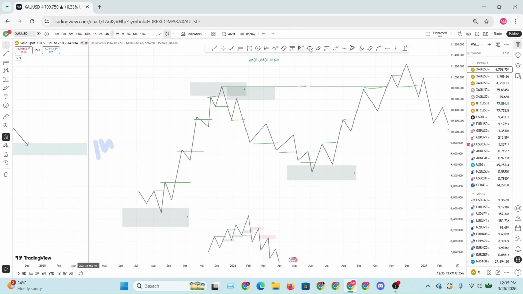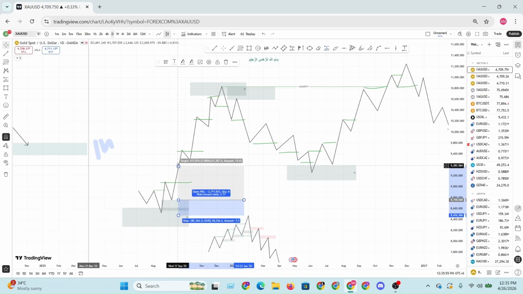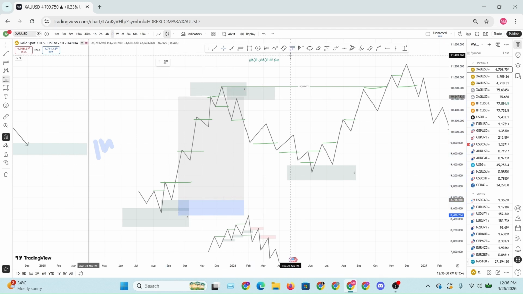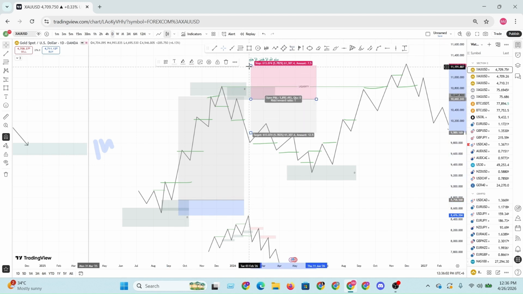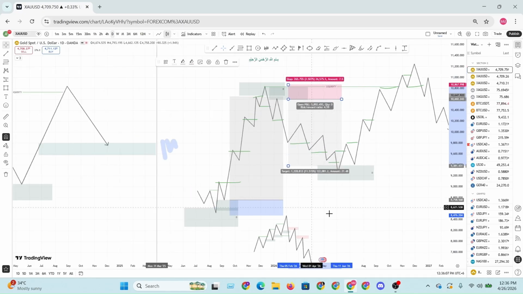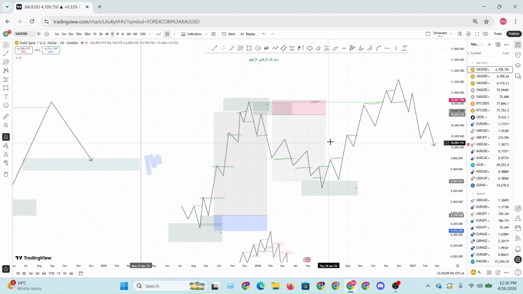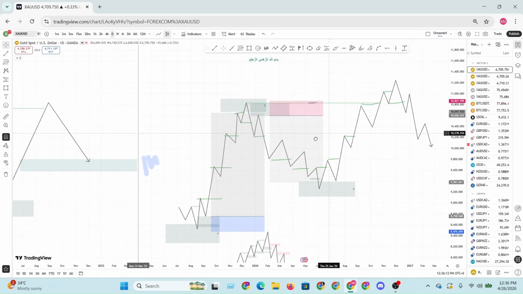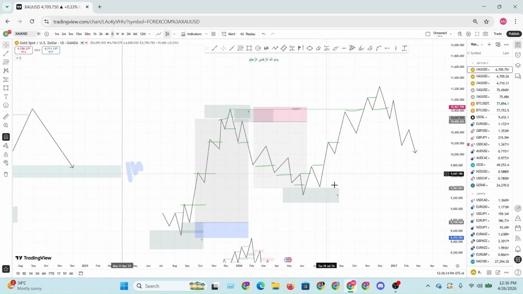Okay, we will place entries from the extreme zones. And this is how you know for the next 2, 3, or 4 days, or 1 week, or 1 month, what the market will do.